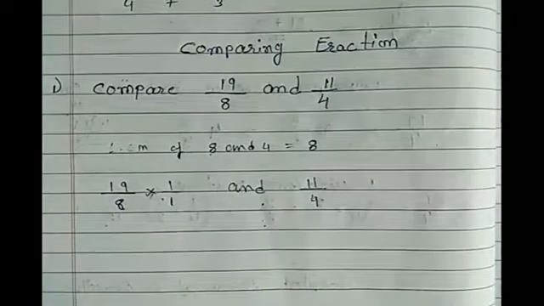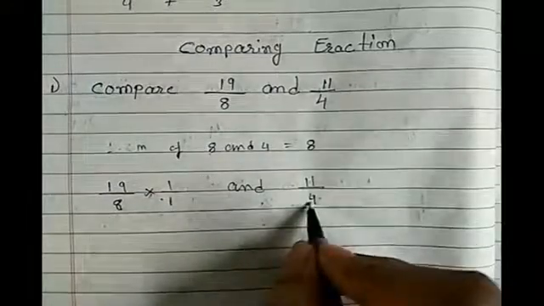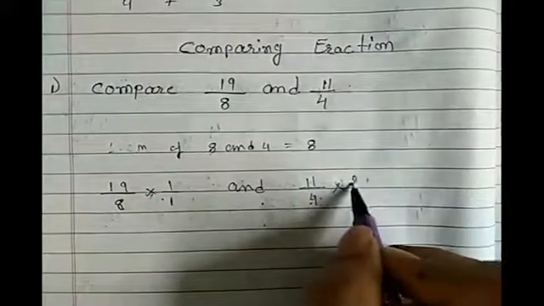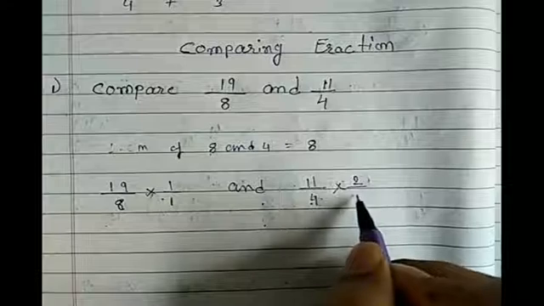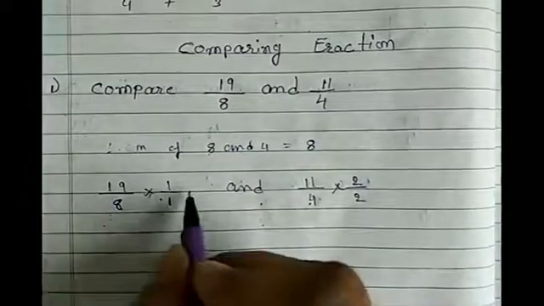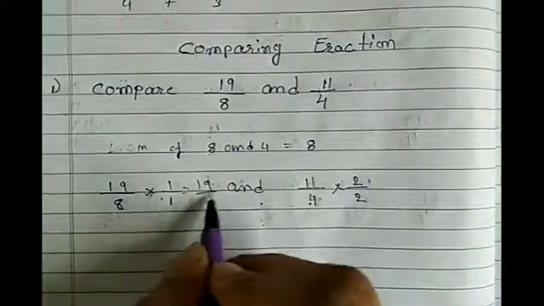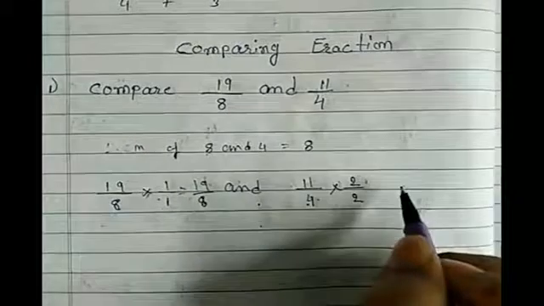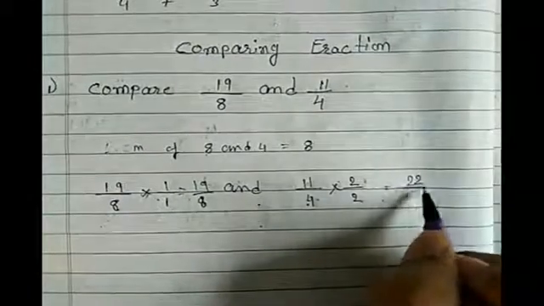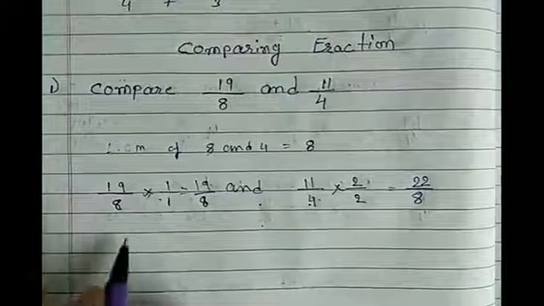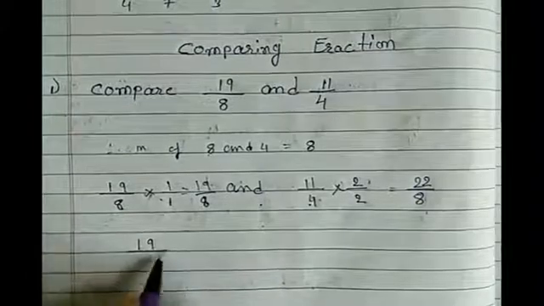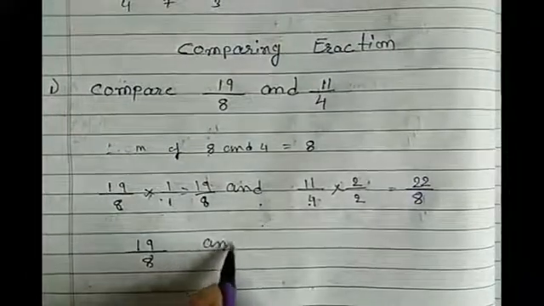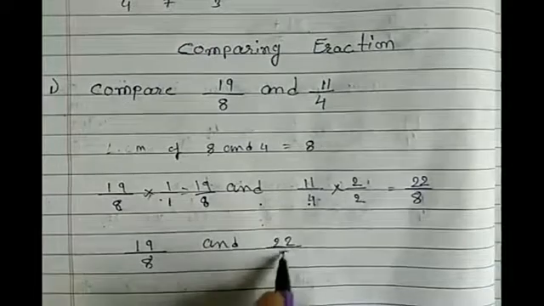By which number can we multiply 4 to get 8? The number is 2. So multiply both numerator and denominator with 2. Here we get 19 upon 8, and here we get 22 upon 8. So now we have to compare 19 upon 8 and 22 upon 8.